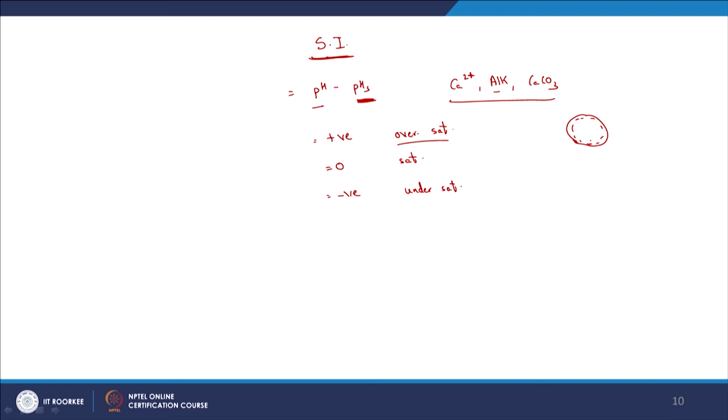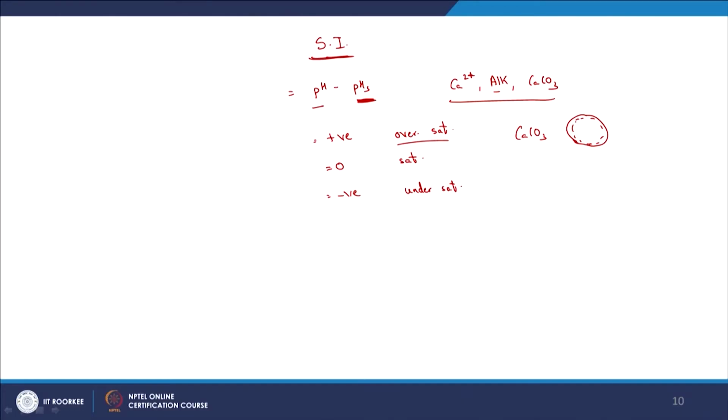If you maintain the pH at the right value, not too high, you avoid blockage or a decrease in the effective cross section area. But when you maintain the pH at a sufficient value, which is oversaturated, you will have precipitation of CaCO3 on the surface of your pipe, and that will act as a protective film or cover. Anyway, that is one particular case when people try to maintain this particular pH.